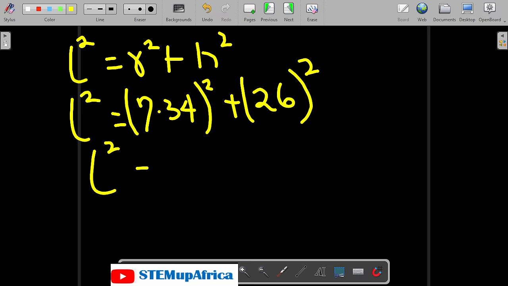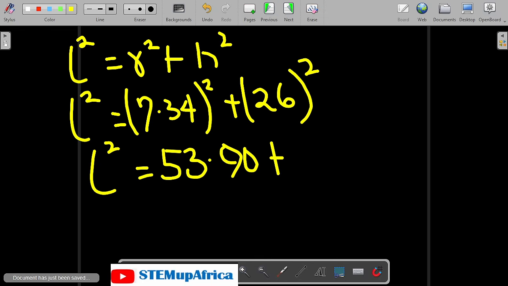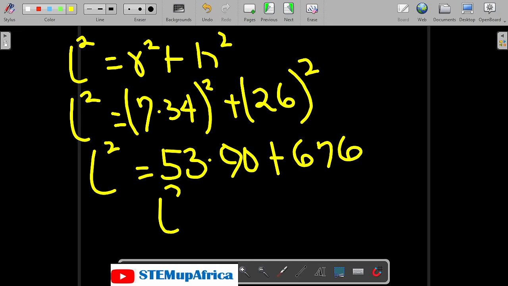So let's square our 7.34. That will give us 53.90. Plus, let's square 26 squared. That will give us 676. So S squared now will be 676 plus 53.9.